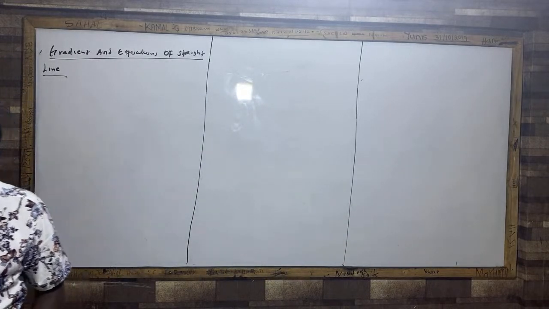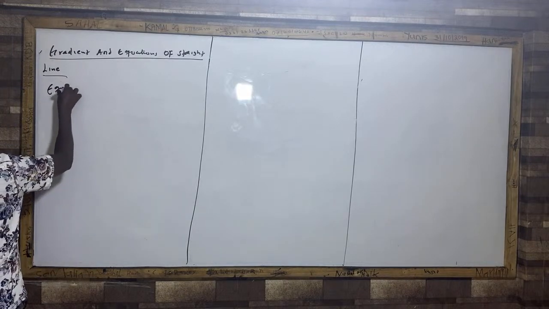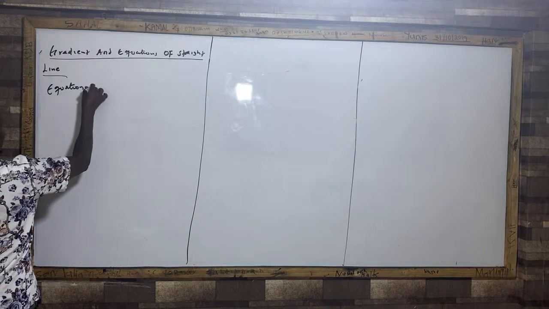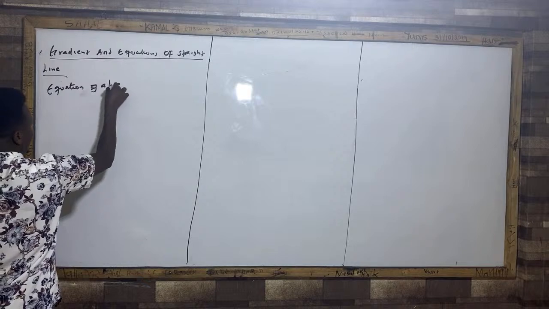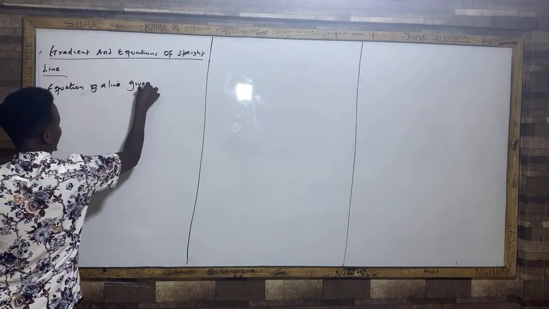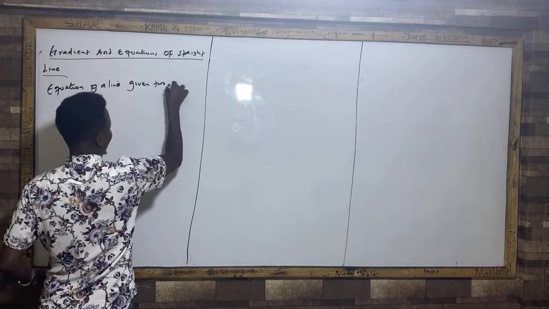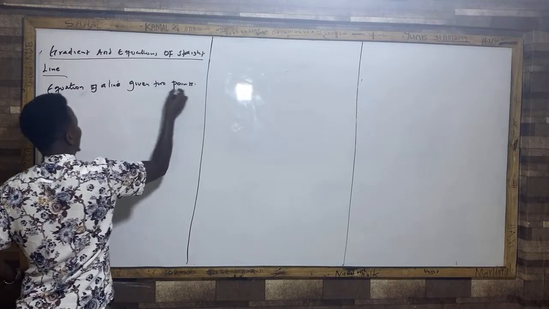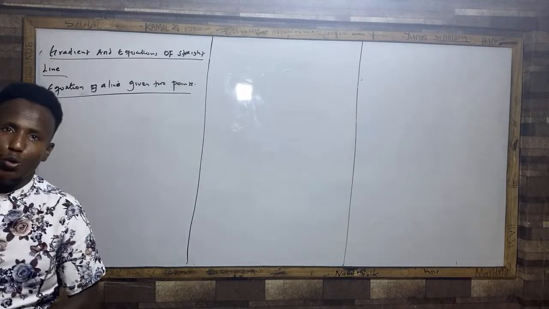Now let's go. We are going to run equations given 2 points. Equation of a line given 2 points. How are we going to get the equation of a line when we have 2 points?